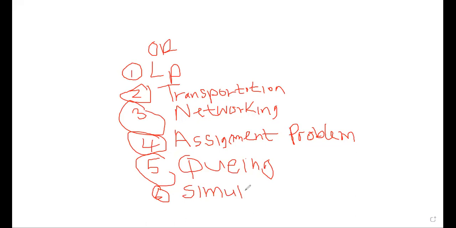So these are the topics that are covered in operation research.